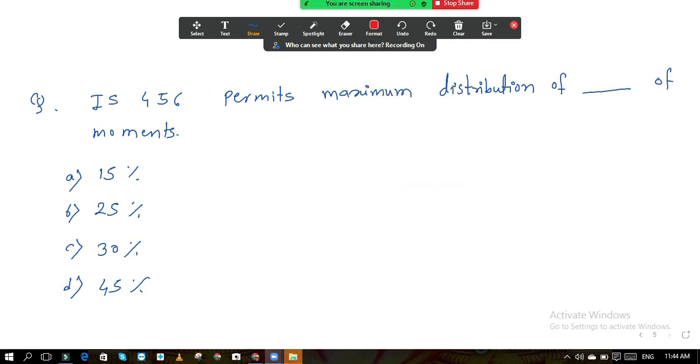See the question and give the answer. IS 456 permits the maximum distribution of dash dash percent of the moments. So while distributing the moment according to the IS 456, how much should be the permissible distribution percentage limit?